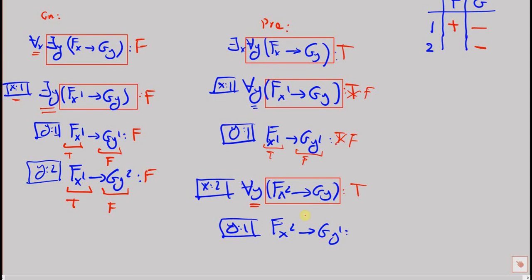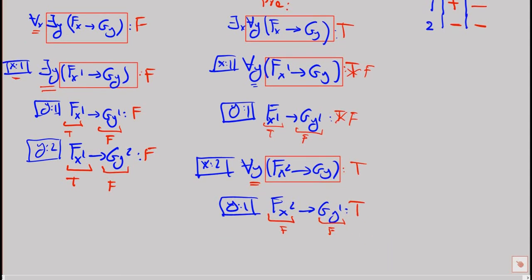So we know that gy1 is false. So to make this arrow true, we need to make sure that fx2 is also false. So we put a minus here, and that makes this true. Okay, but remember, we want this thing to be true for every value of y. So we need to now check y2.